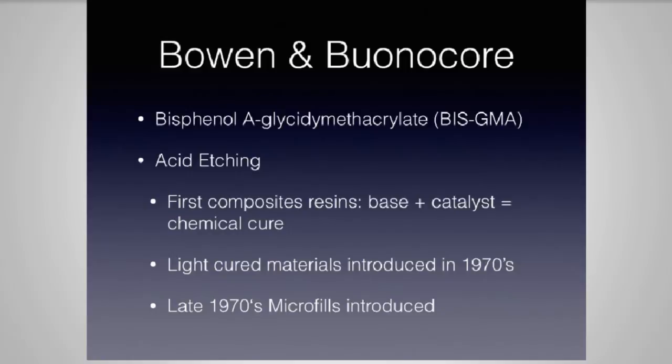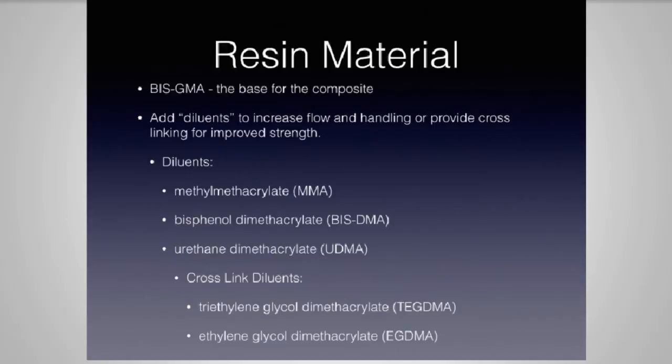The resin material basically is bis-GMA, which is the base of the composite. And then we add diluents into it to basically increase the flow and handling or provide cross-linkage to improve the strength of the composites.